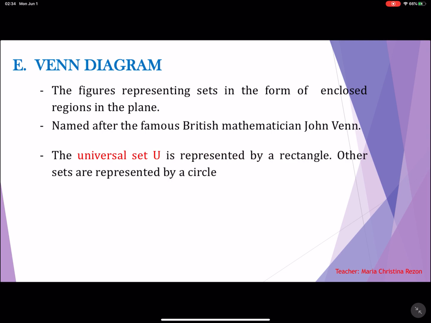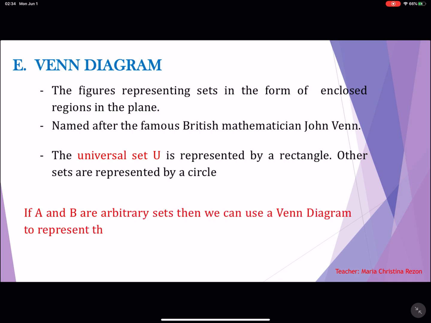Other sets are represented by a circle, but mostly when you say universal set, we use a rectangle to represent that. Let's say sets A and B are arbitrary sets. Then we can use a Venn diagram to represent the relationship between A and B.